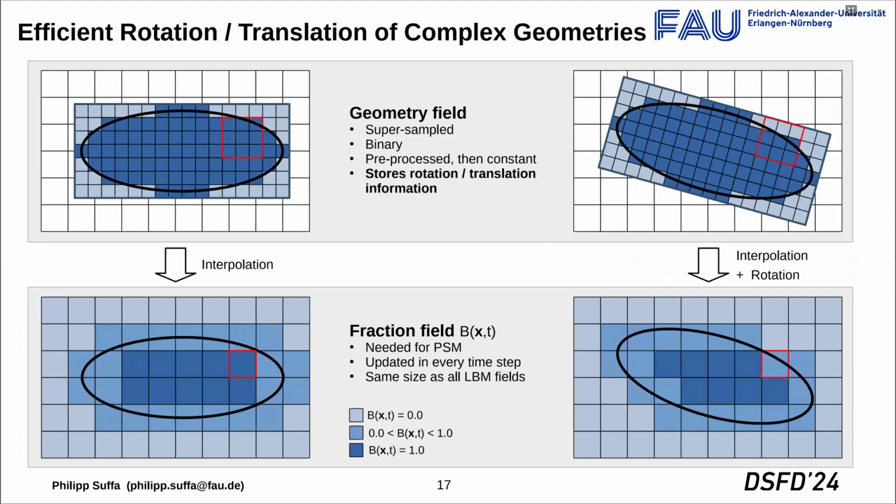I'm usually working with a supersampling of 2 or 3. That means a supersampling of 1 means that you have 8 cells per cell. And then 2 means 2 to the power of 2 to the power of 3. So you can really increase the stepping.